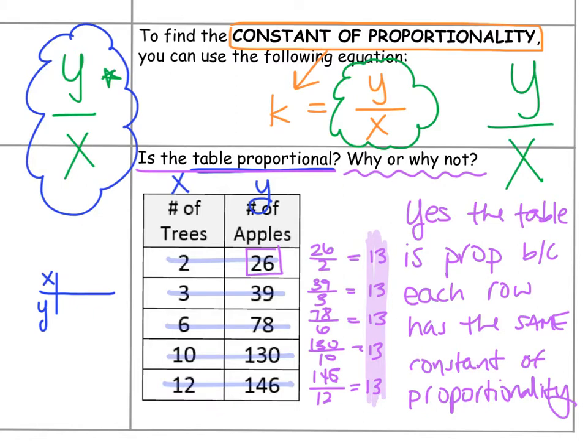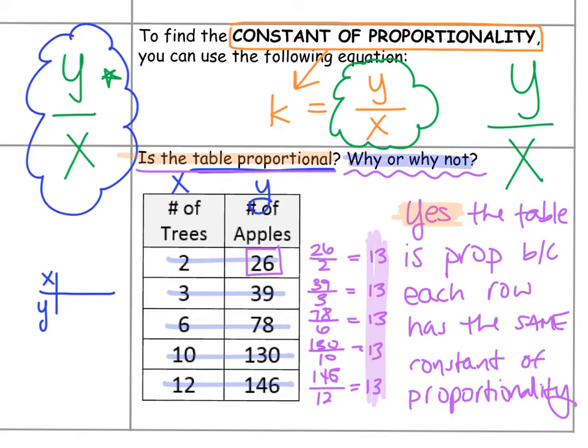Okay, so notice a few things here. For each problem like this, you have to have that entire sentence written out. Because the first question is, is my table proportional? I answered, yes, it is. The second part of that question says, why or why not?